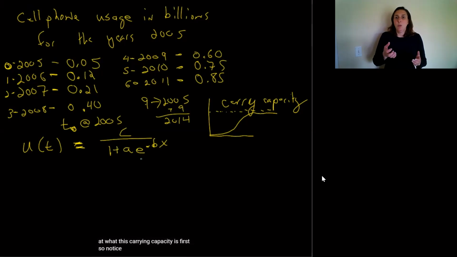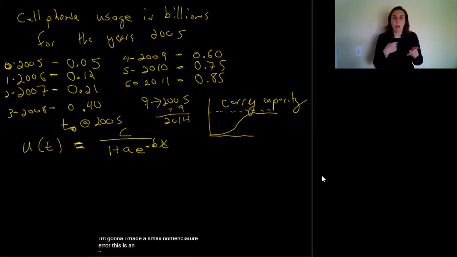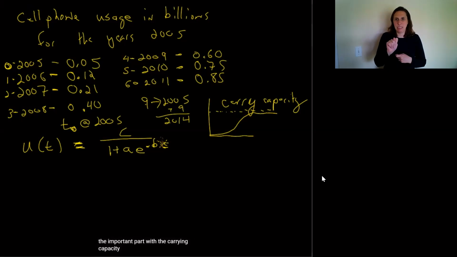So notice, I made a small nomenclature error. This is an x, this is t as time goes on. So let me fix that, sorry. Because this is the important part with the carrying capacity model.